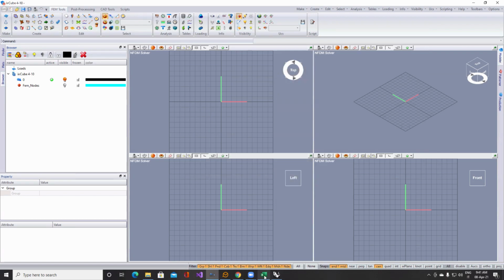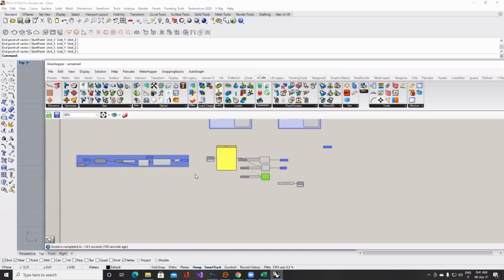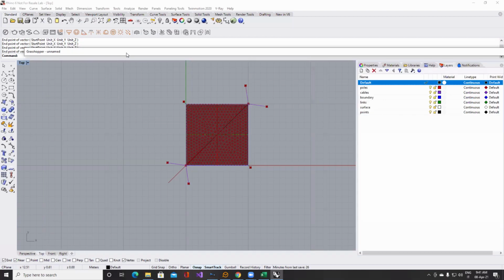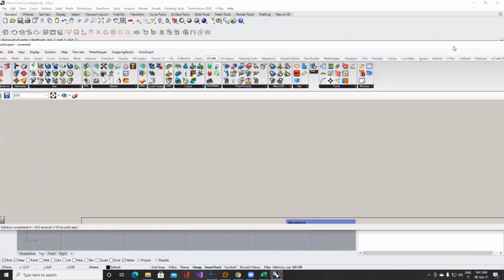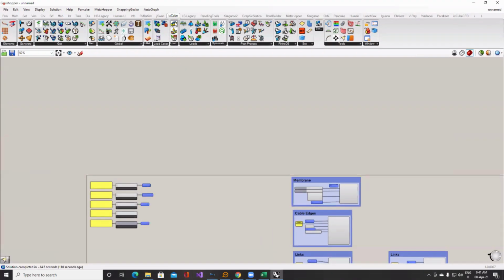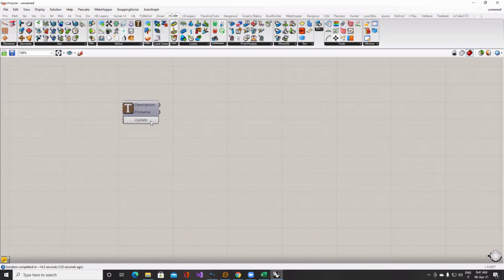If I turn back to Grasshopper now, and I start from here, I go into an empty space. We go into the Xcube global. We have here an option called templates.